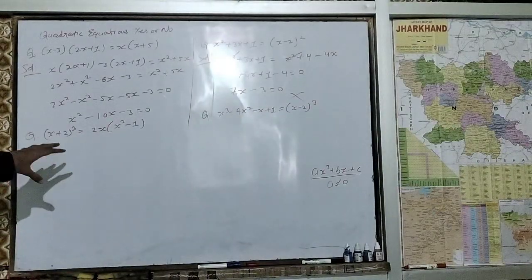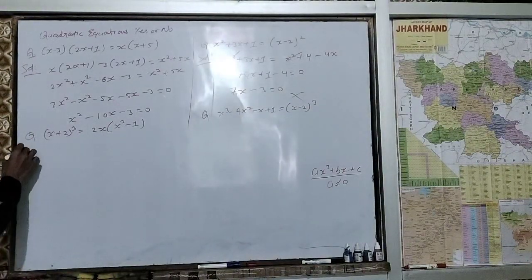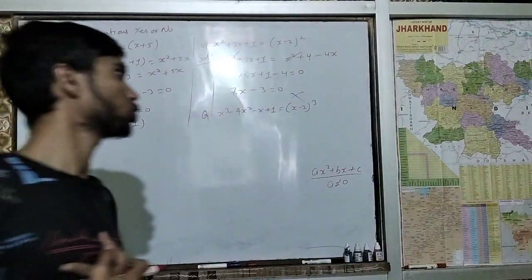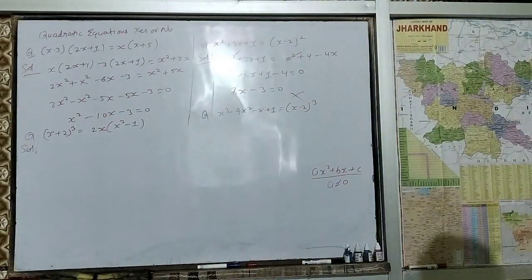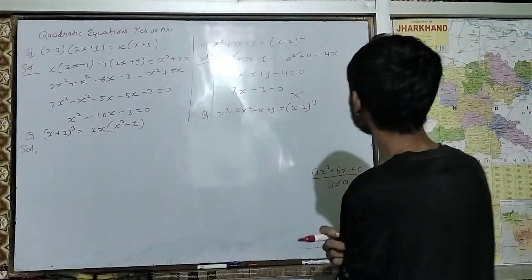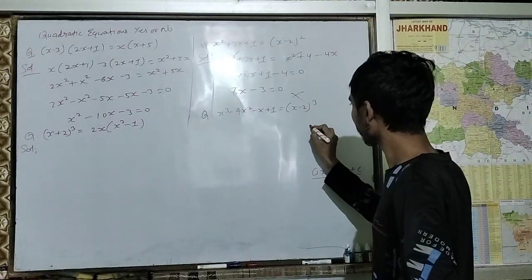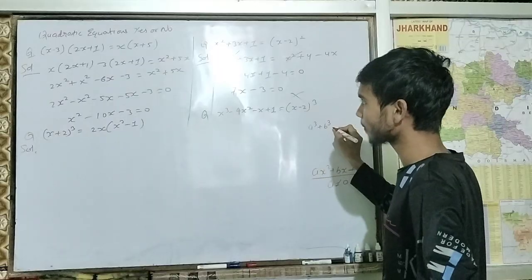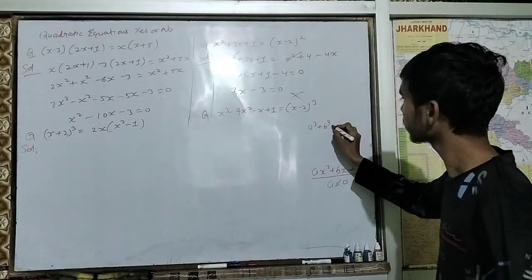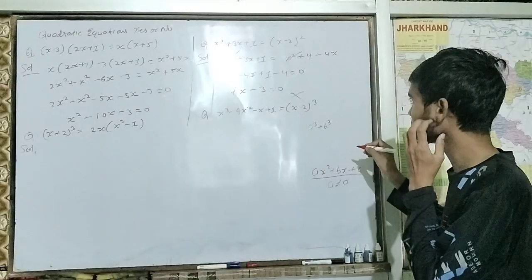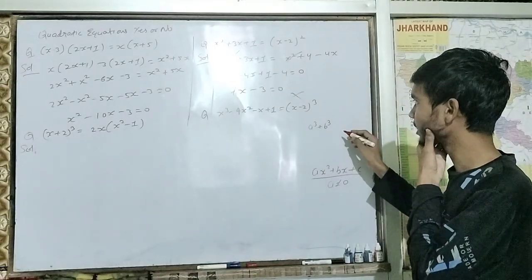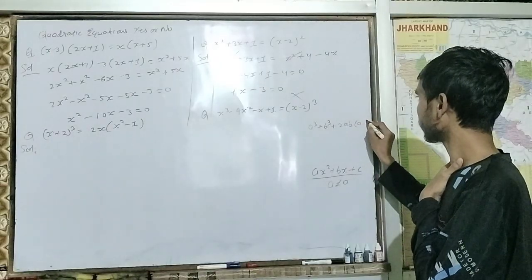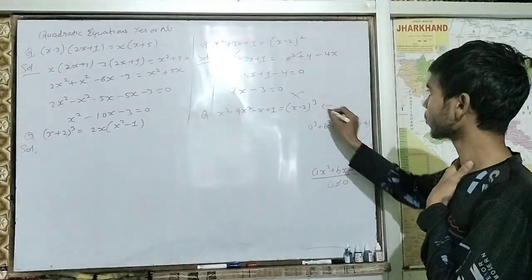Let's see, is it quadratic or not? This will become here x cube, x cube. I think it should be nothing but a cube plus b cube, then 2ab and plus 2ab a minus b. This is for this.